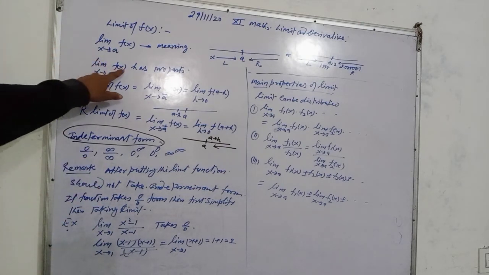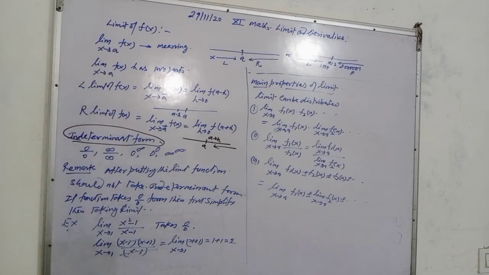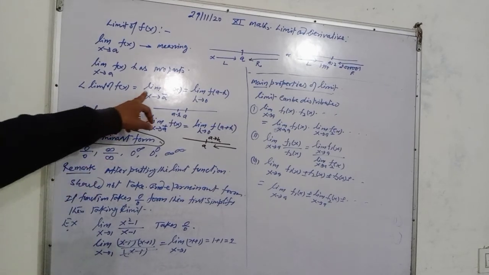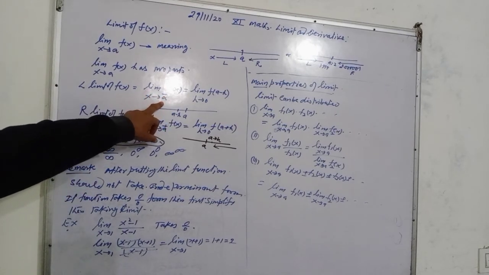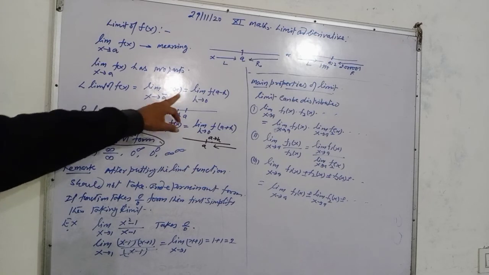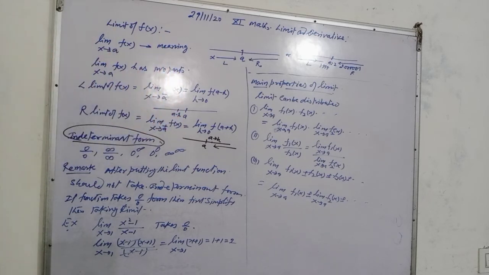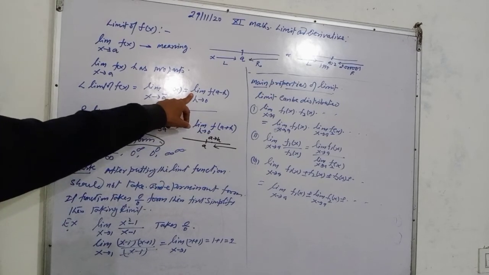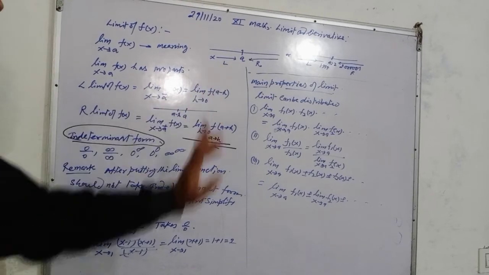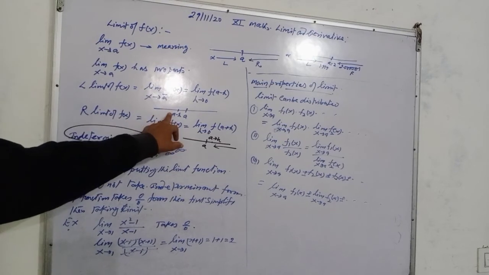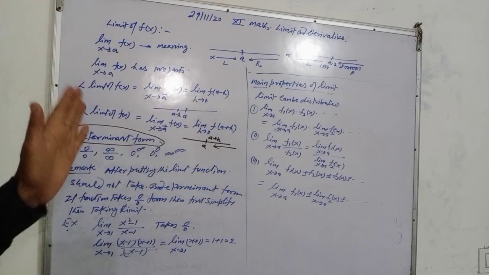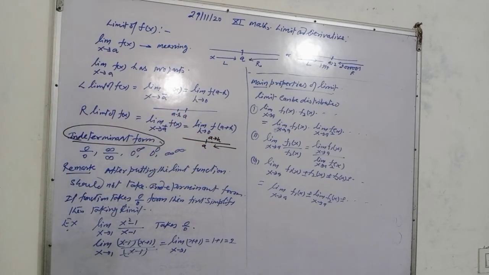Again I am explaining: the limit of f(x) when x tends to a has two parts, left limit and right limit. The left limit is written as limit x tends to a minus, meaning a point close to a before a, and it is also written as limit h tends to 0 of f(a minus h), a point close to a but on the left side of a.